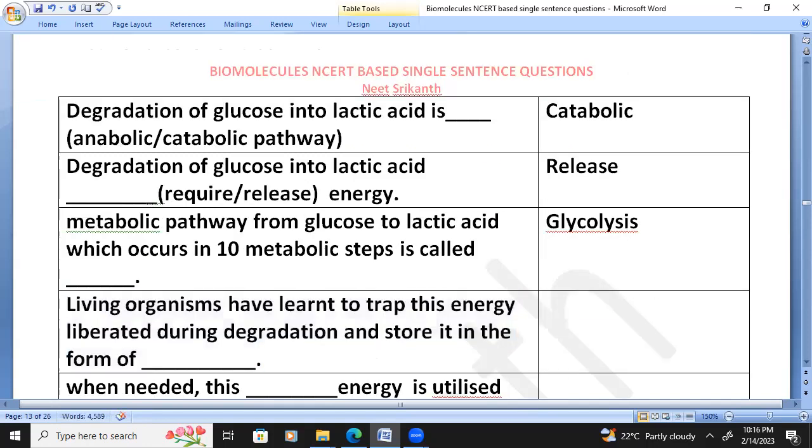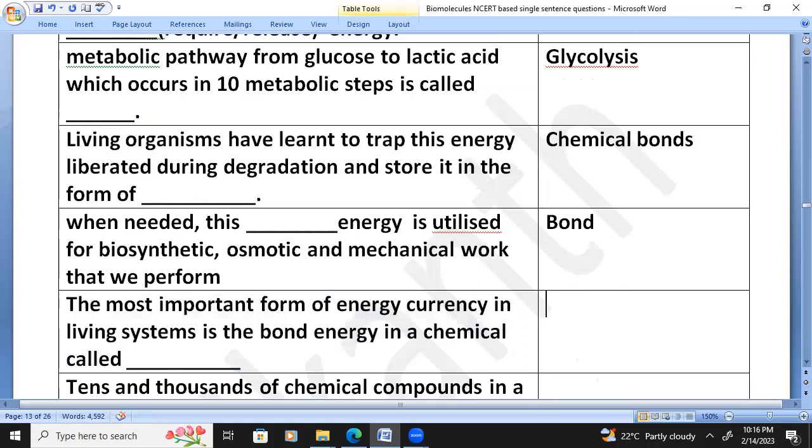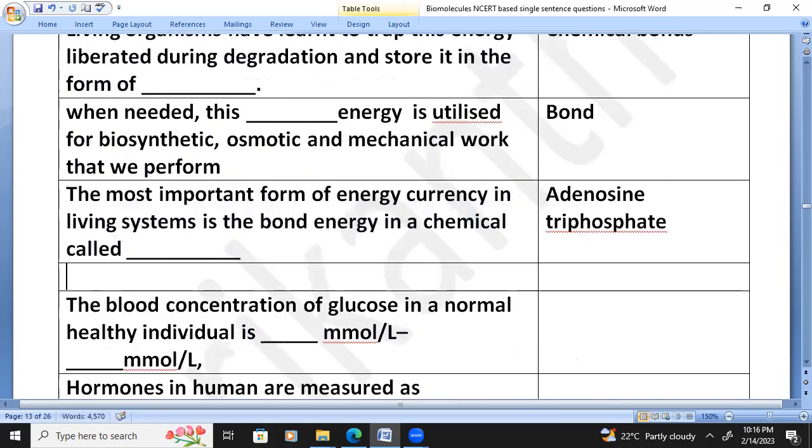Living organisms have learned to trap the energy liberated during degradation and store it in the form of chemical bonds. When needed, this bond energy is utilized for biosynthetic, osmotic, and mechanical work. The most important form of energy currency in living systems is the bond energy in a chemical called adenosine triphosphate, ATP.